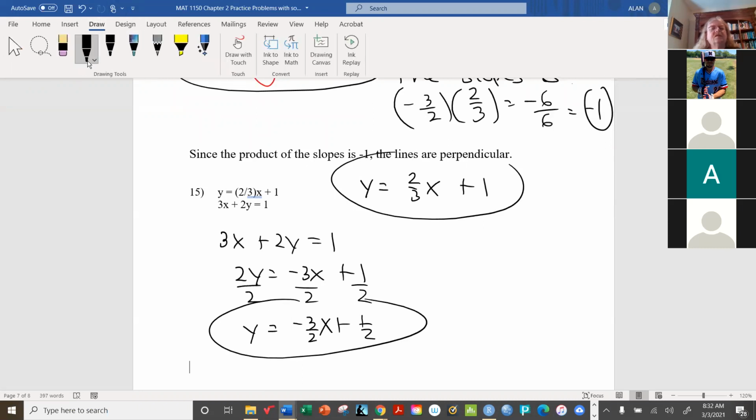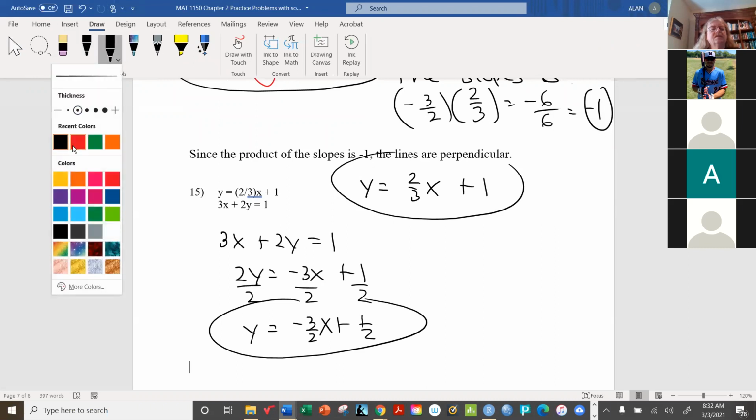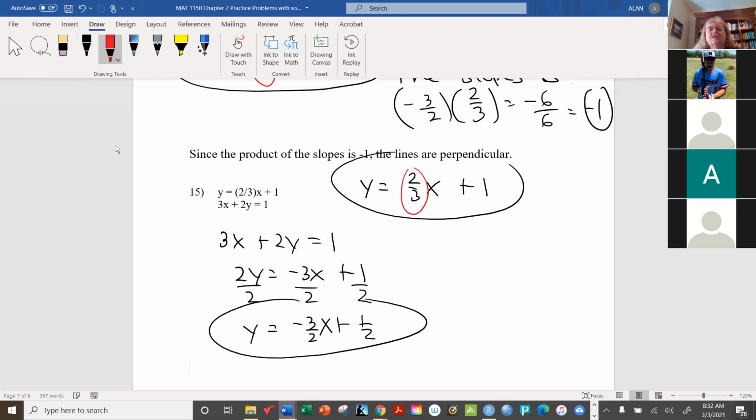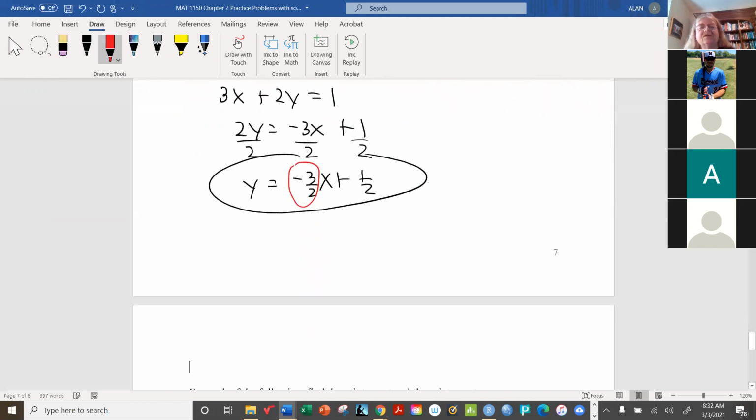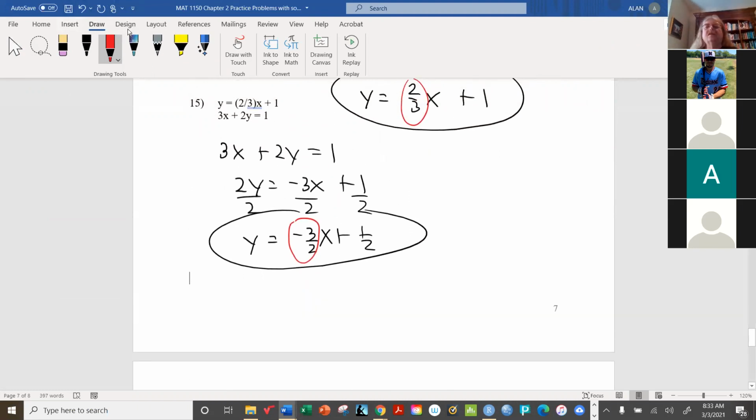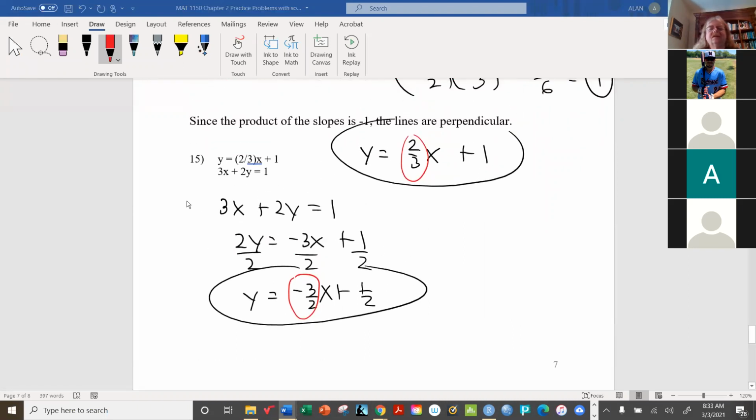Because if you look at these slopes, we've got a 2/3, and in fact, it's even the same ones, isn't it? But that was just a ridiculous coincidence. It wasn't planned that way, that's for sure. So let's write that out formally. The product of the slopes, yeah, more perpendicular. Look at that.